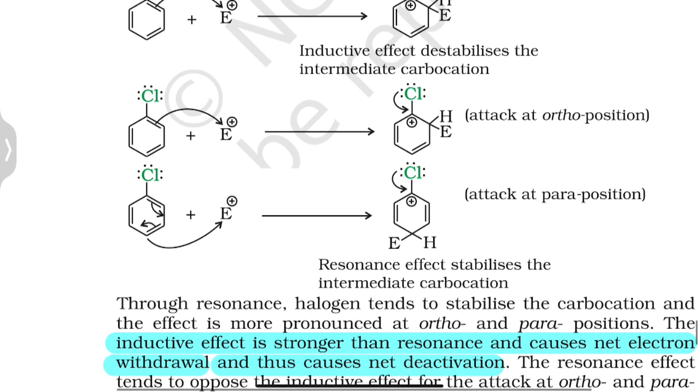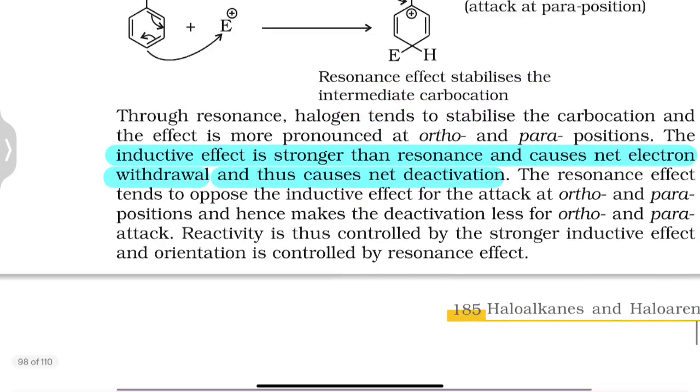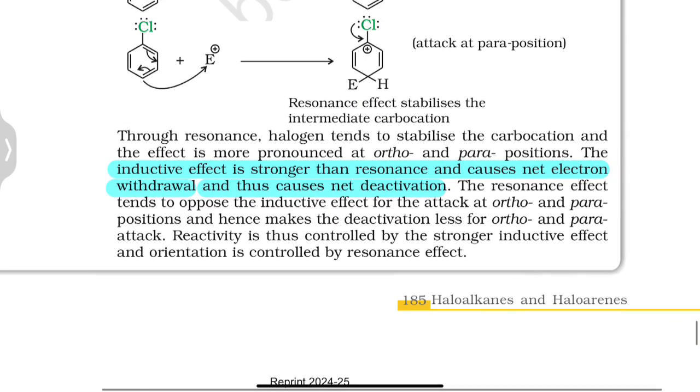And here, because of resonance, it will be stabilizing with this plus M effect. These electrons are moving here, so it is stabilizing this carbon atom. So resonance effect stabilizes the intermediate carbocation which is formed.